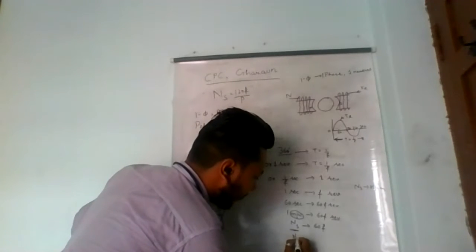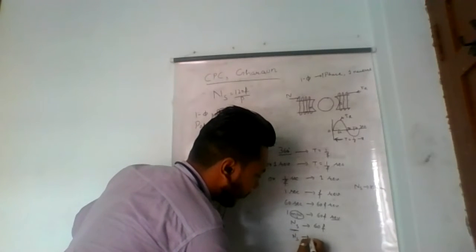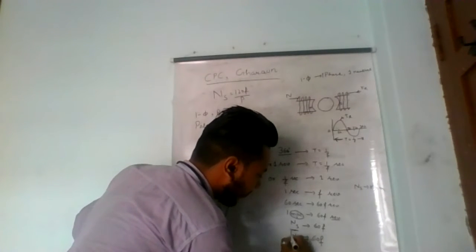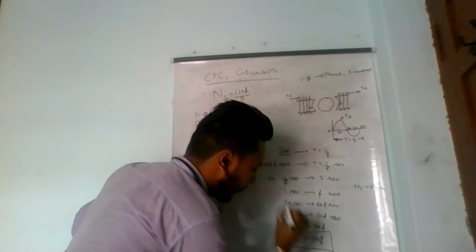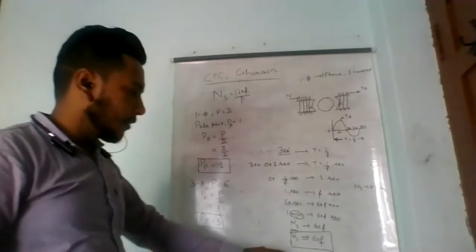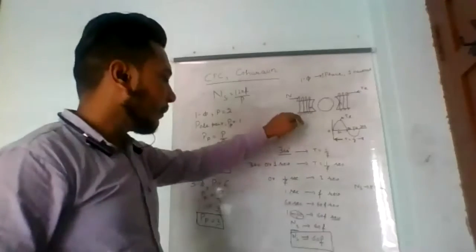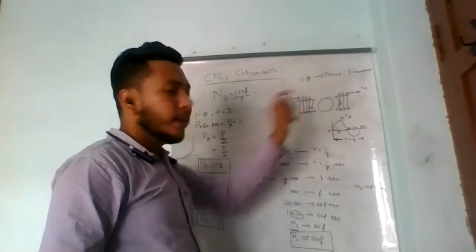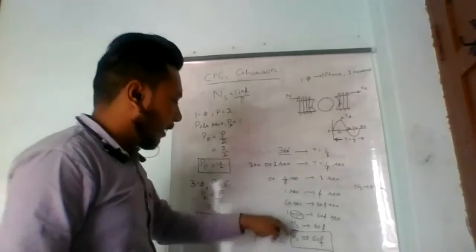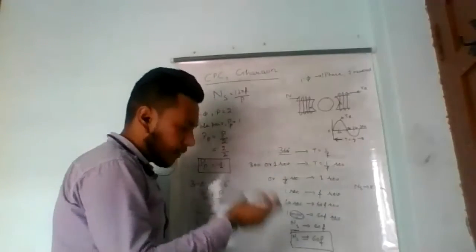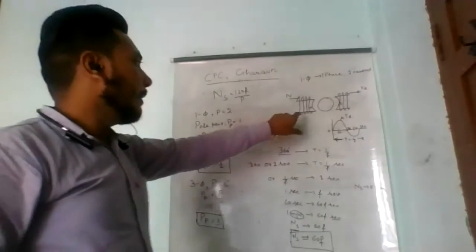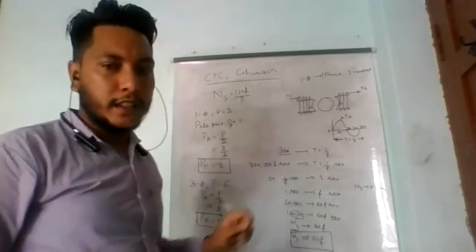Here, this is the relation: ns is equal to 60 f. Now for single phase, there is one pole pair. Now where is this speed formed? This speed is formed in the winding of the stator.